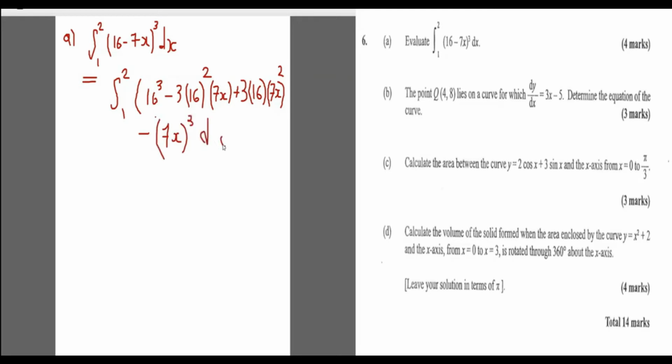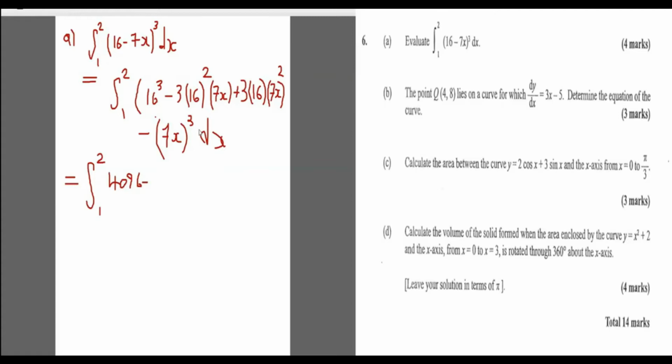All right. And so what this works out to be is the integral of now 16 cube. I'm just going to write out everything as a number now. 16 cube is 4096. So I'm just integrating 4096 minus 3 times 16 square times 7.